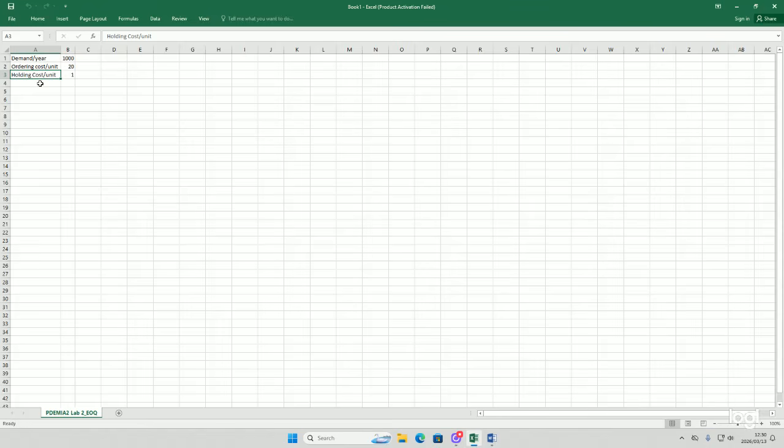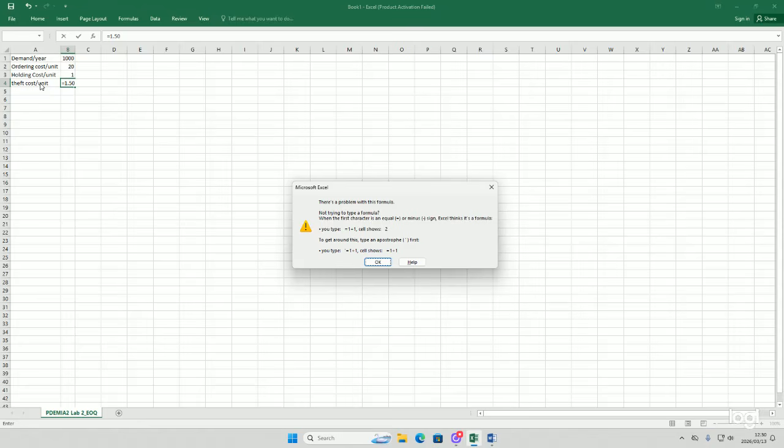Let's say instead of this I said this is your theft cost per unit, maybe 1 Rand 50.